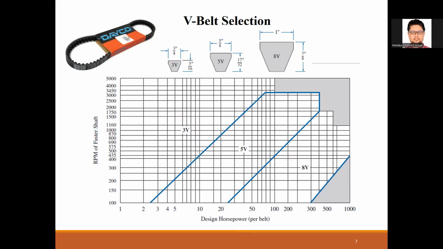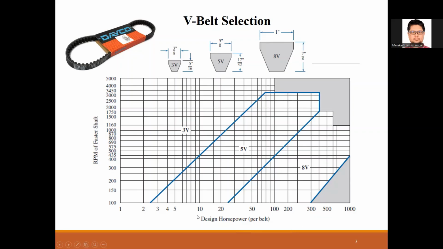And then, this is a power transmission thing. For V belts, there are many brands or models out there, and it depends on the manufacturer, who might have different models available. But usually the 3V, 5V, and 8V are very common, and they pretty much have this kind of sizes.